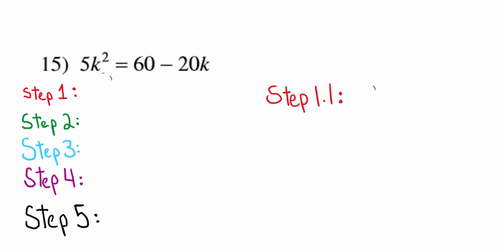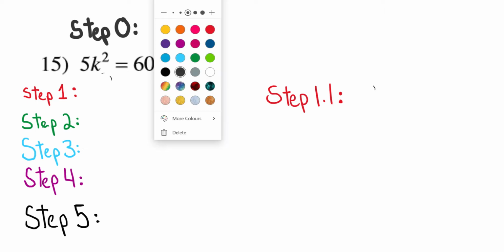Now, as you can see, I have the elements of a quadratic but not in the correct standard form. So I need to put it into standard form. This is why I call it step 0, where I have to make sure that I am leaving this in the correct form.